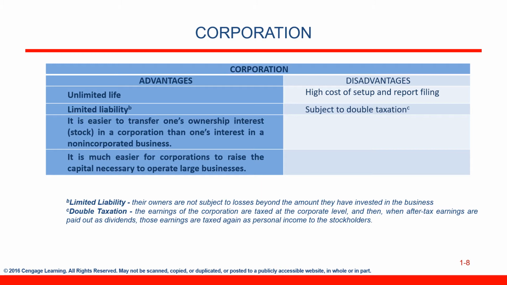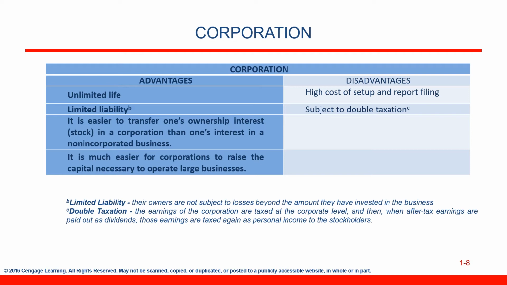Okay. Next advantage is it is much easier for a corporation to raise the capital necessary to operate a large business because we have stockholders. So just let the public buy the stock, so it can accumulate more capital than the sole proprietorship and the partnership.